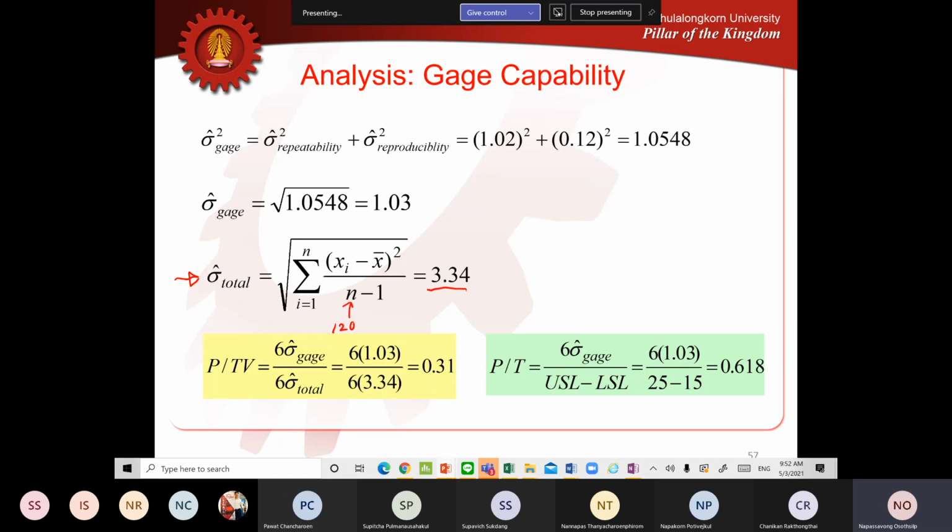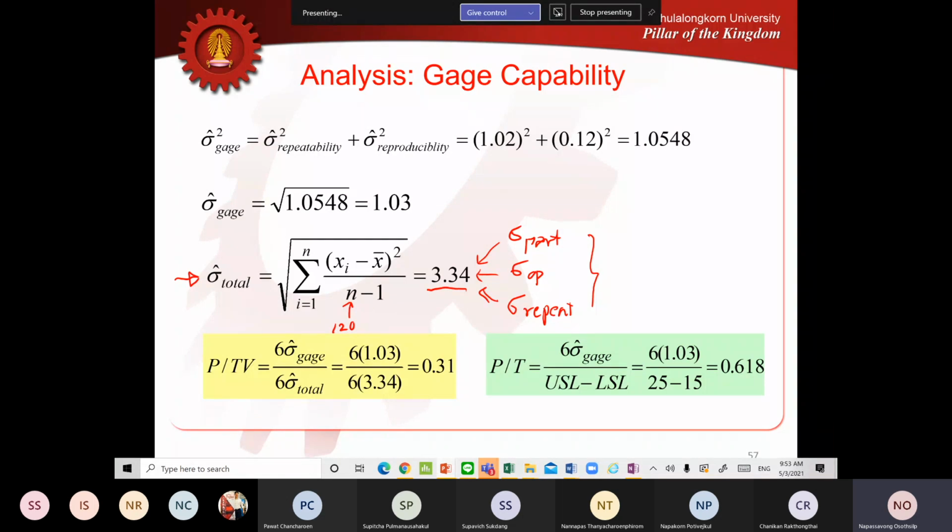So this variation comes from different sources, because it contains the observations in the whole table, right? This variation comes from the variation among the parts and also variation among operators, and also variation regarding different times that they do measurement for each operator. So sigma total is a function of three things here.